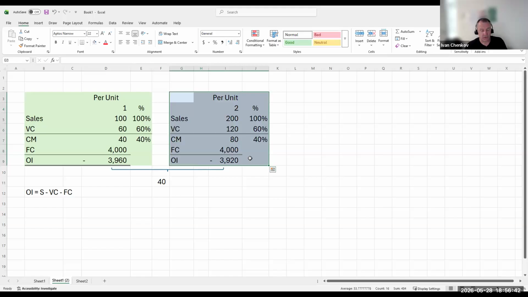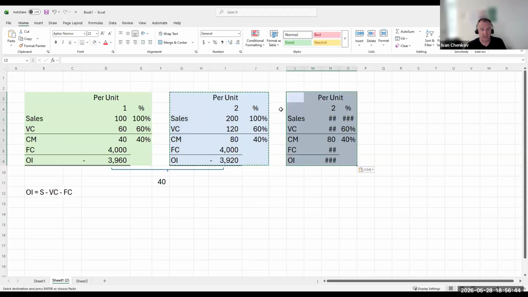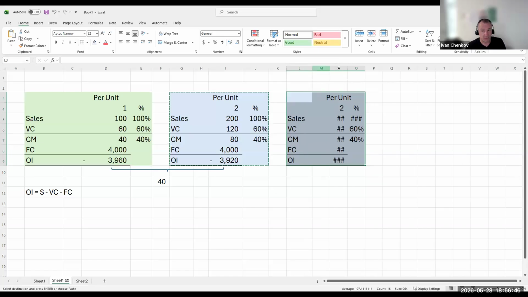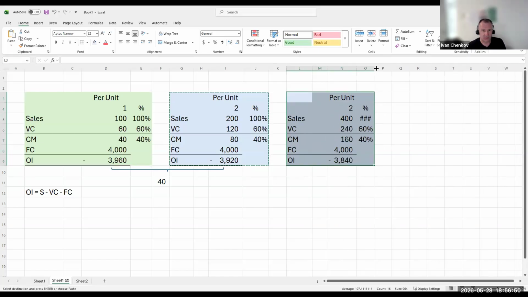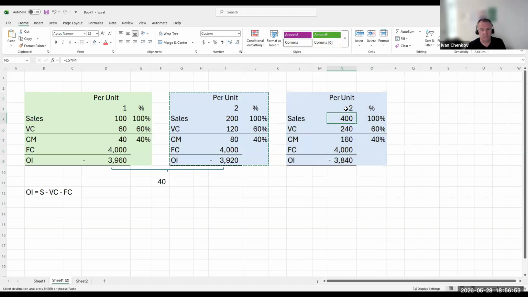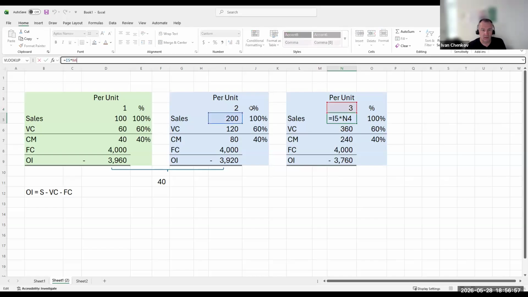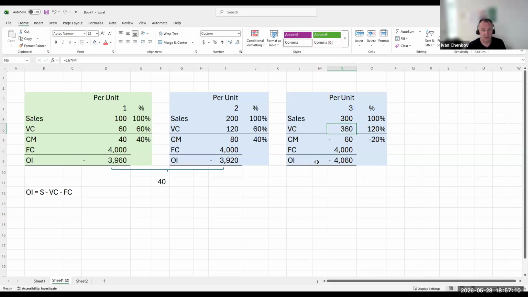What I'm going to do is grab this one and move it here. And see now, if I'm selling 3 products, what will be the change between 3 and 2 products? So if I sell 3 products, my sales will be equal to 3 times $100, so $300.